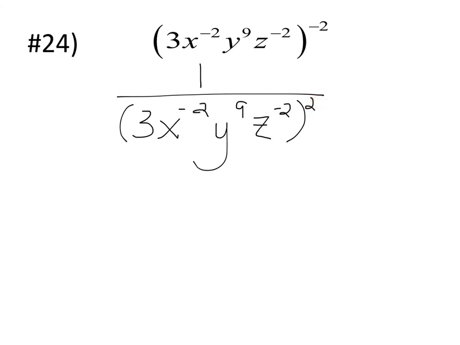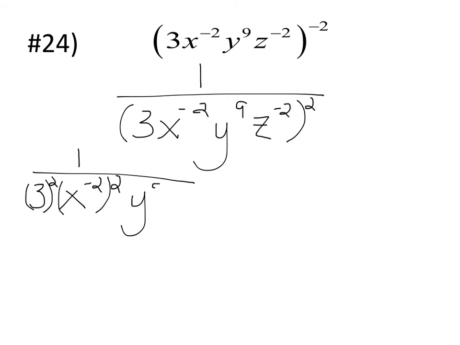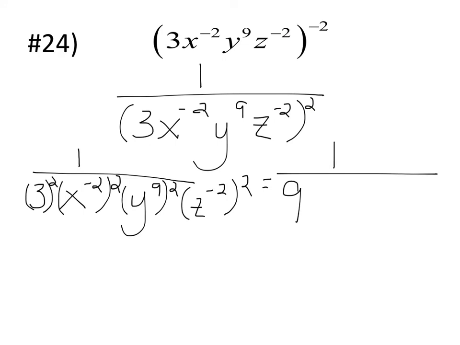So then I have 1 over 3 squared, x to the -2 squared, y to the 9th squared, and z to the -2 squared, which is going to give me 1 over 3 squared is 9. If you take a power to a power, you multiply exponents, so you have x to the -4th, y to the 18th, z to the -4th.